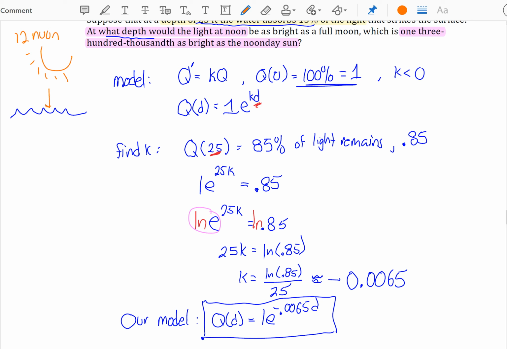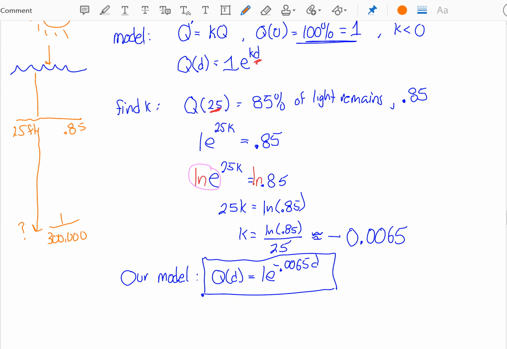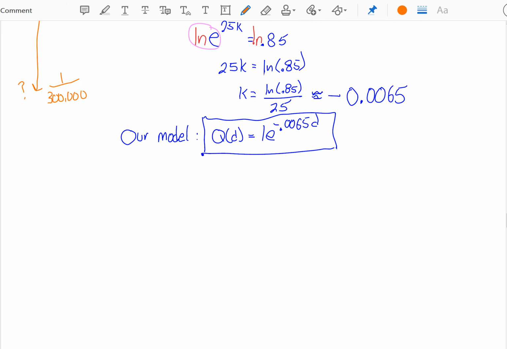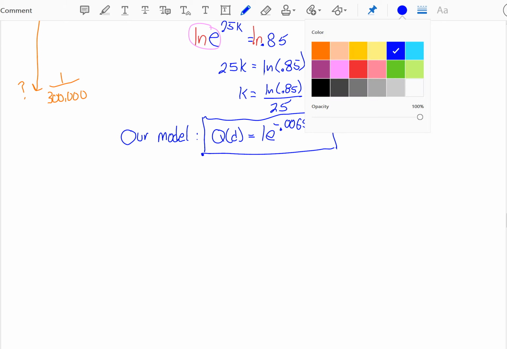Once you go down to a depth of 25 feet, there's only 85% of your light remaining. We're asking, how deep do you have to go so that it's 1/300,000th as bright as it would be at noon? So we're being asked to find that depth D.